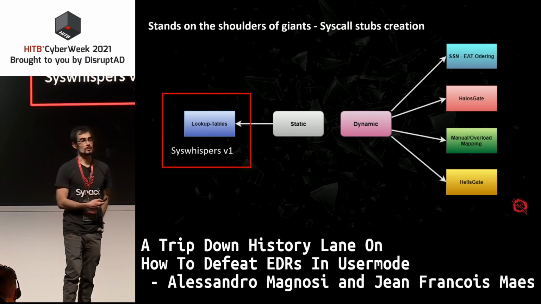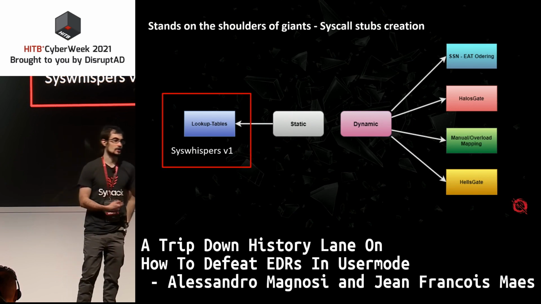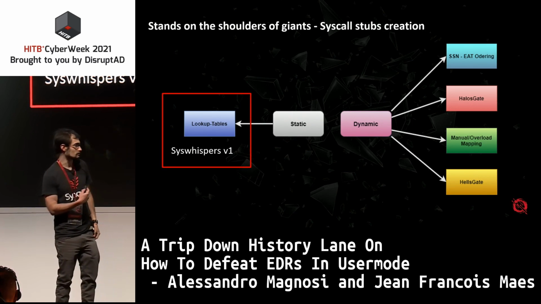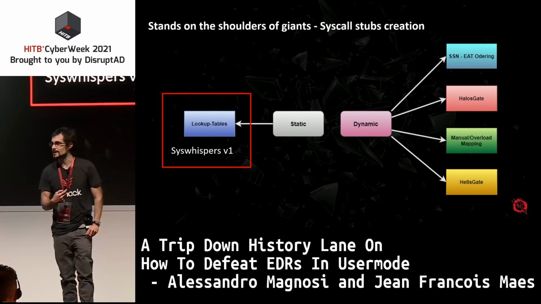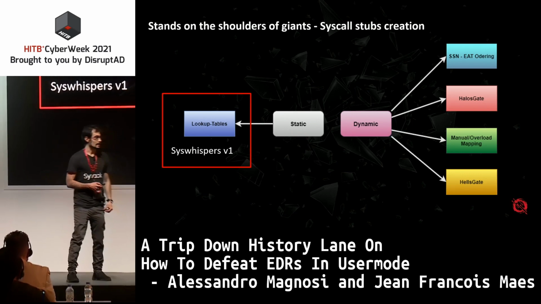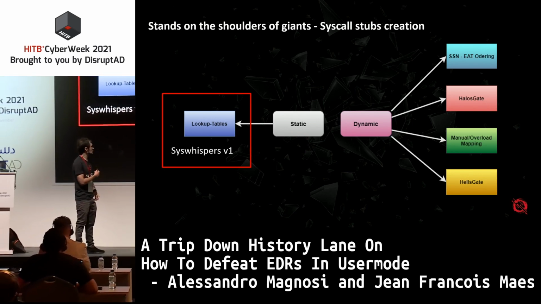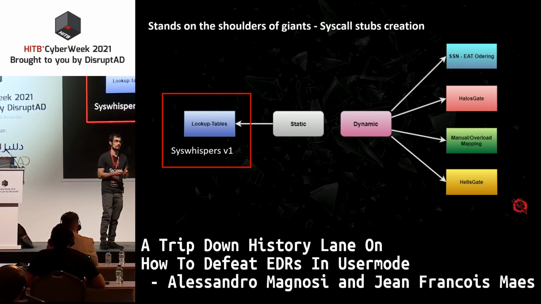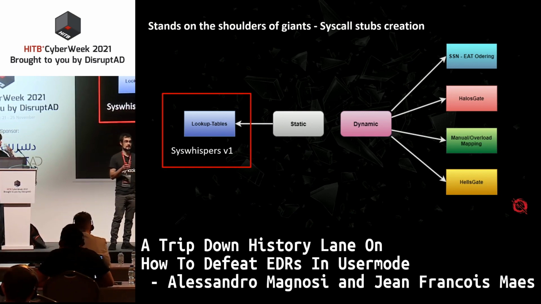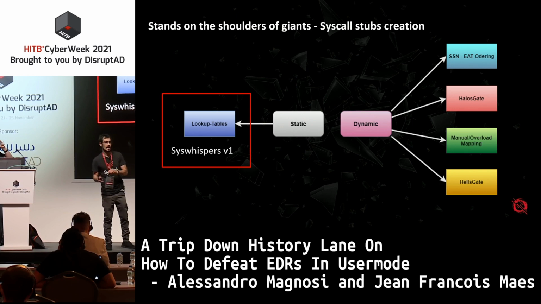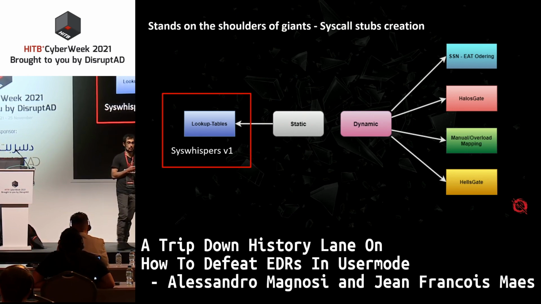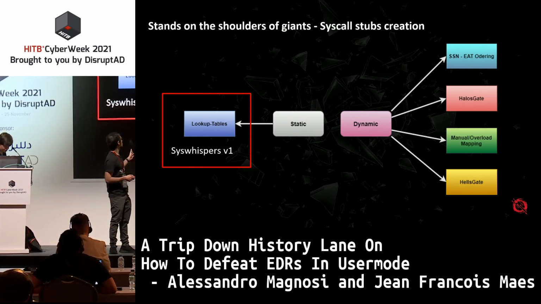SysWhispers is a tool created by, I think, Jorge and Jackson T. SysWhispers 1 is a way to automatically produce a set of syscalls that you can just take and embed in your payload or malware. It's using a static approach because it's using lookup tables.